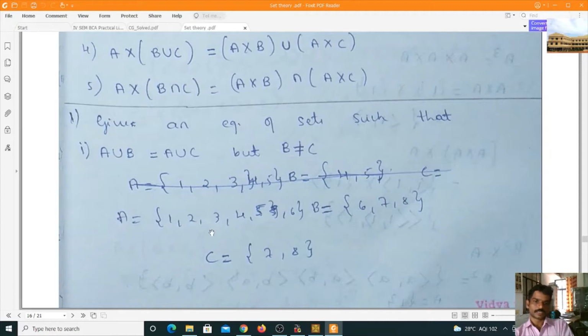A union B becomes 1 2 3 4 5 6 7 8. A union C becomes 1 2 3 4 5 6 7 8, but B and C are not equal. That is all I wanted to say for giving an example.